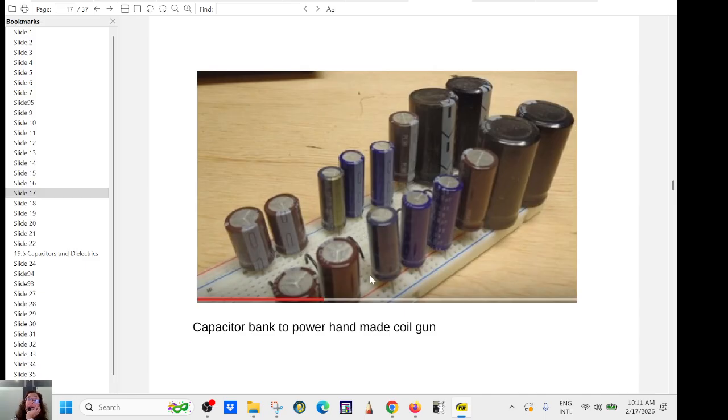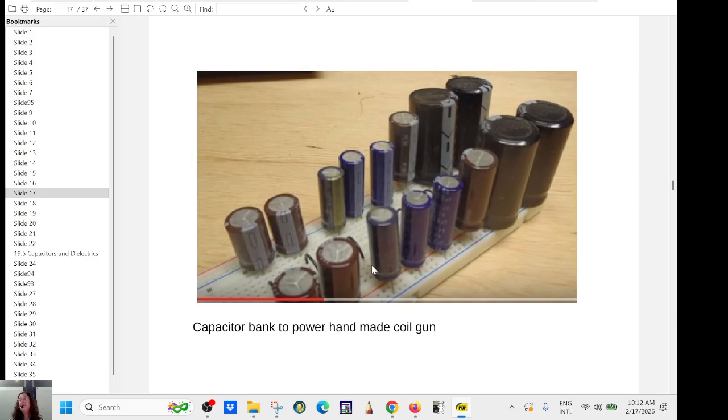There are many things you can do with capacitors. If you put them in parallel, you can make a coil gun. It means you're going to store energy in those capacitors. The energy will be burped out in a very small amount of time with a very high current. So you can have a coil, which is an inductor, and you transfer the energy to the inductor. The inductor is like an electromagnet, and you can shoot a projectile.